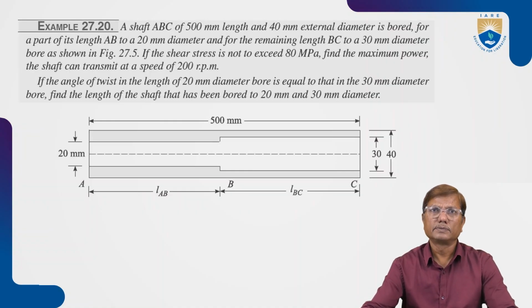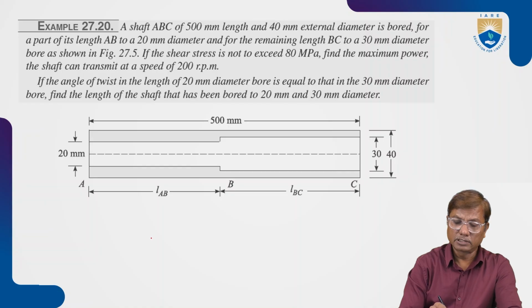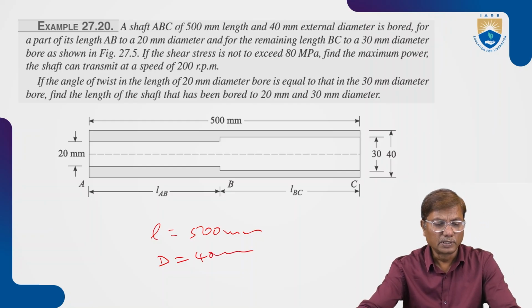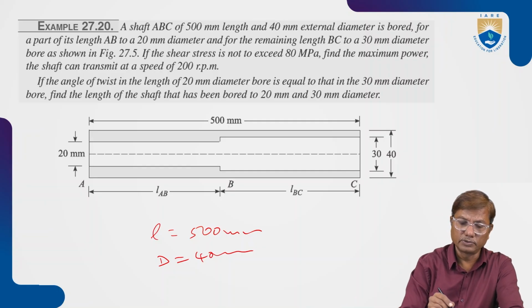Okay, you see this? The problem reads like this: a shaft ABC of 500 mm length, 40 mm external diameter, is bored for a part of its length AB to a 20 mm diameter and for the remaining length BC to a 30 mm diameter bore as shown in the figure.